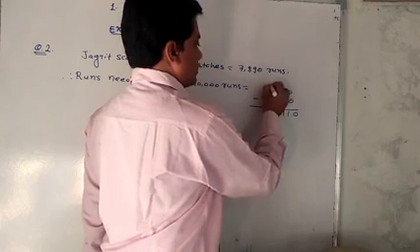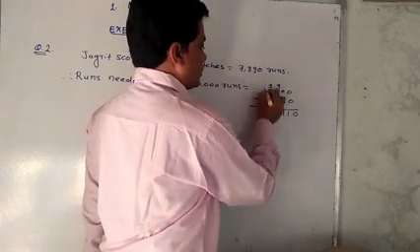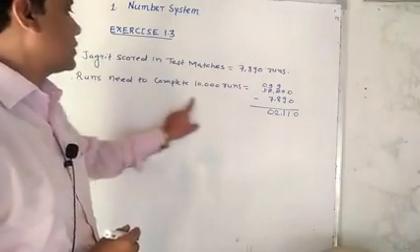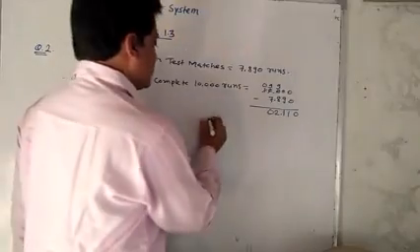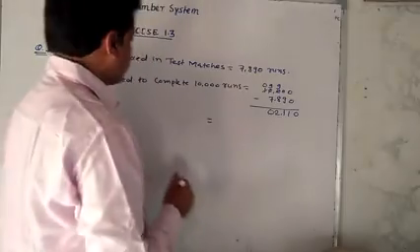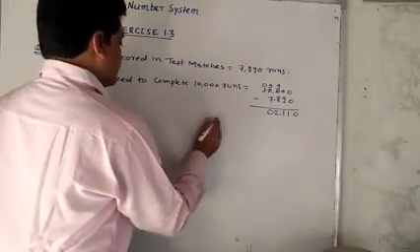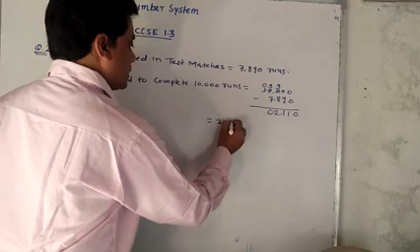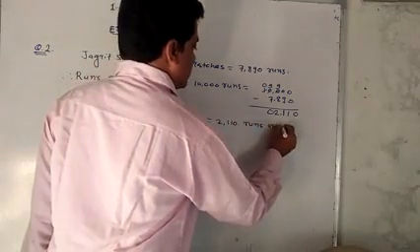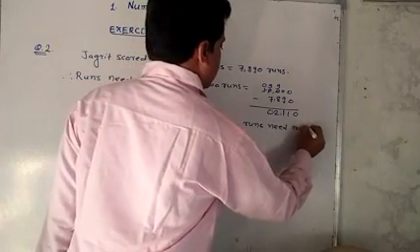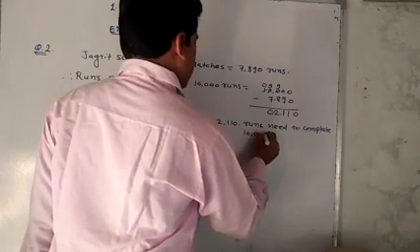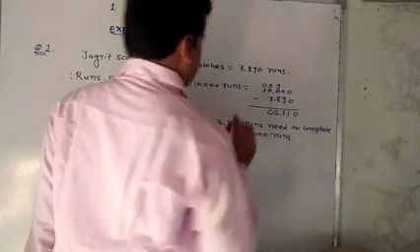Here 9, 9 minus 7, 2, and here 0. Means runs needed to complete 10,000 runs are 2,110 runs.